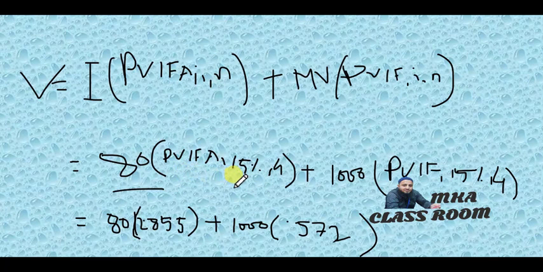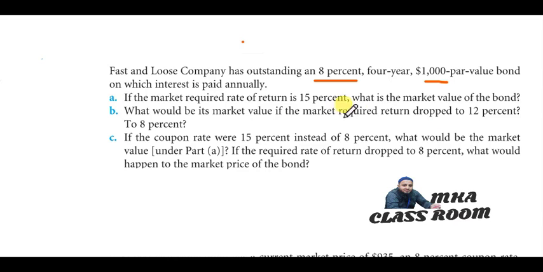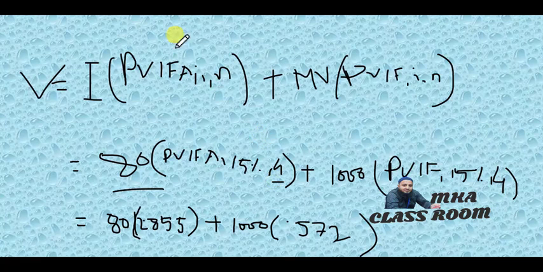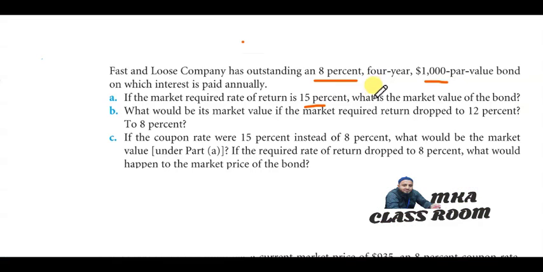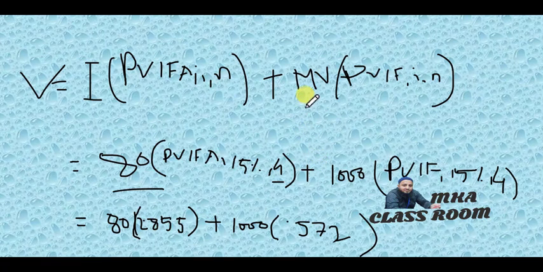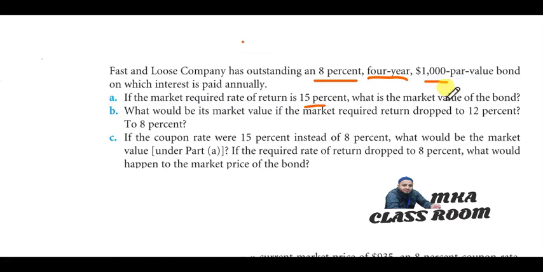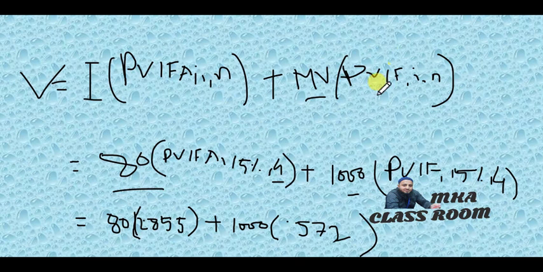Then PVIFA at 15%, our required rate of return is 15%, for 4 years to maturity, plus MV, the maturity value of 1000. Here it is said par value. Then PVIF, present value interest factor, 15%, 4 years.